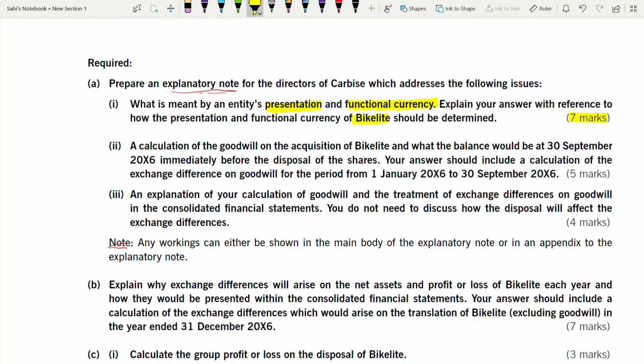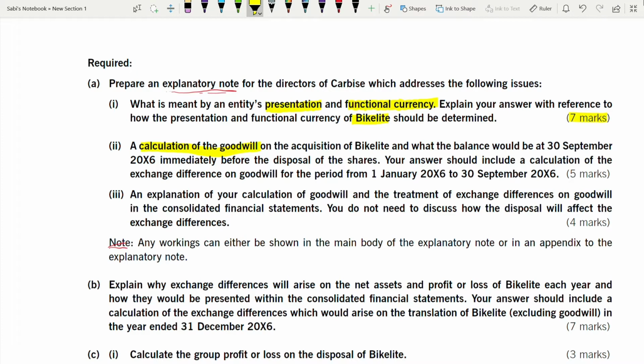Coming to the next one, a calculation of the goodwill on the acquisition of Bakelite. It is definitely a question will be there on goodwill or impairment of goodwill or something like this. A calculation of goodwill on acquisition and what the balance would be at 30th September 2006, immediately before the disposal of shares.